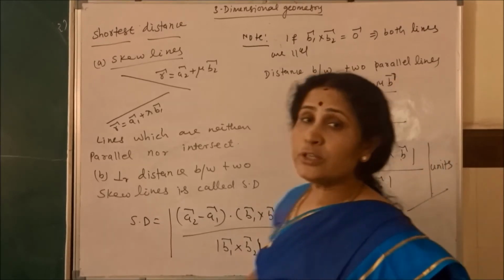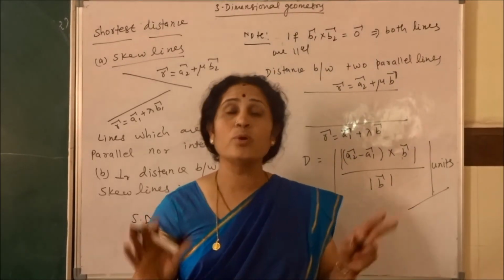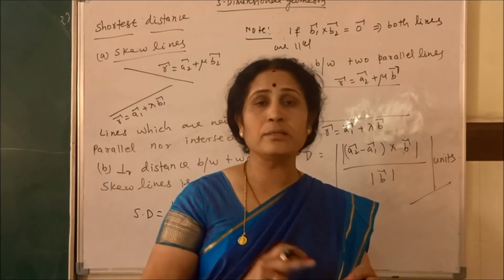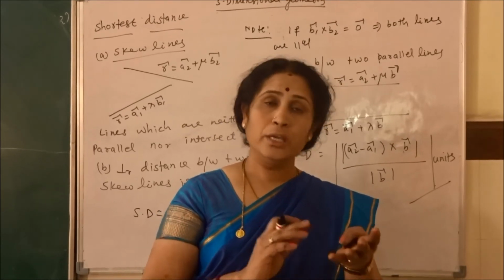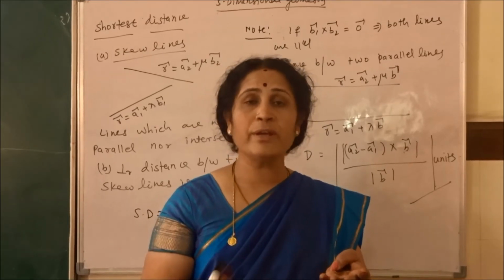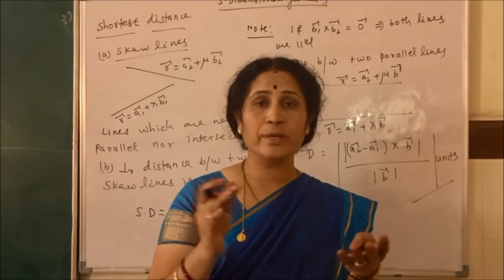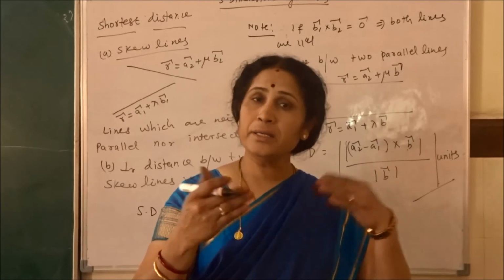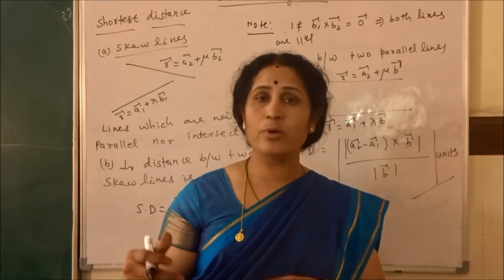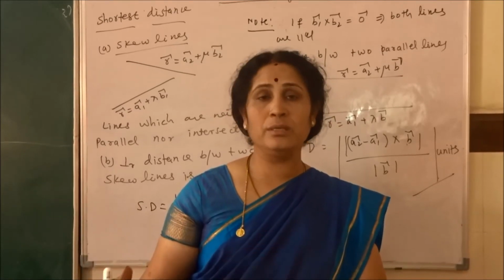Anyhow children, I have introduced lines completely. What is the equation of a line? How many kinds are there? Only two. The basic one is the equation of a line passing through a given point and parallel to a given vector: R vector equals A vector plus lambda into B vector, and in Cartesian form (x minus x1)/a equals (y minus y1)/b equals (z minus z1)/c.